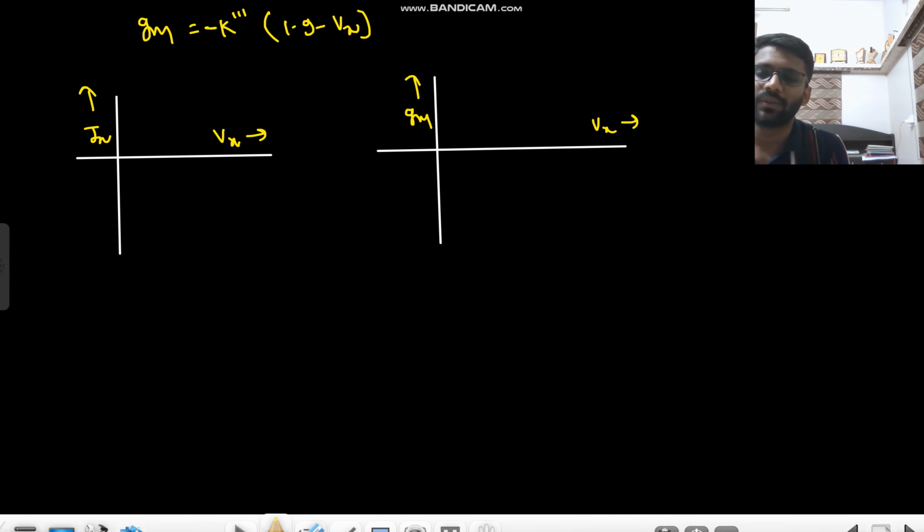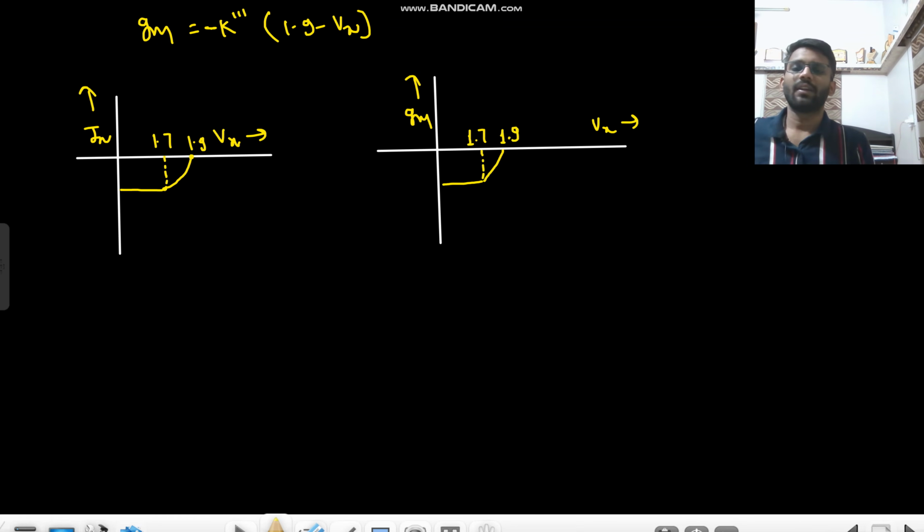So the curve will go, first we had some constant, then the current goes to 0 like this at 1.7, 1.9, and this curve goes like this. This is at 1.7, this is at 1.9. Okay, so this was in saturation, this is in linear.